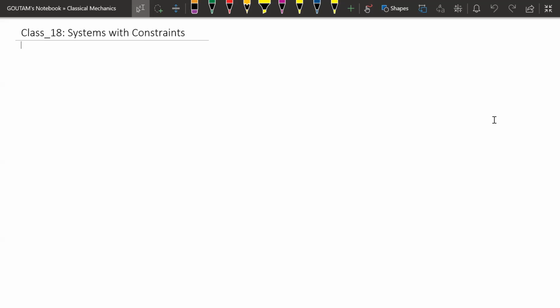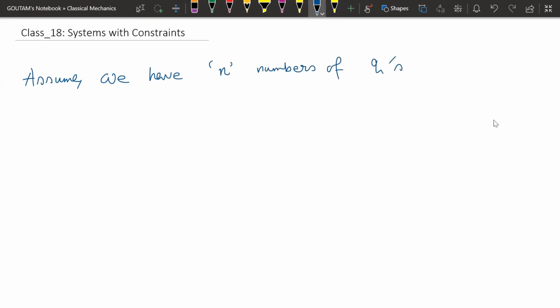So let's assume that we have n numbers of q's. So q's are the generalized coordinates. So we have n numbers of them.